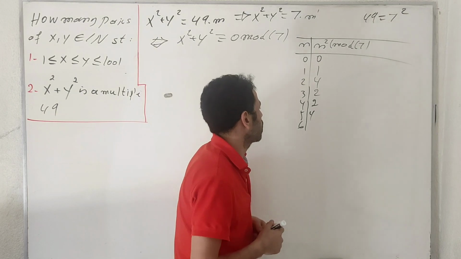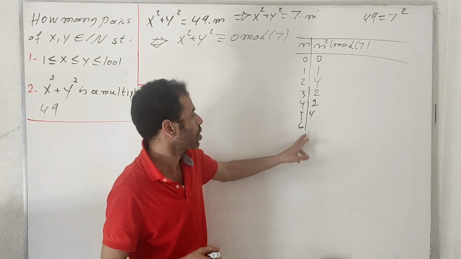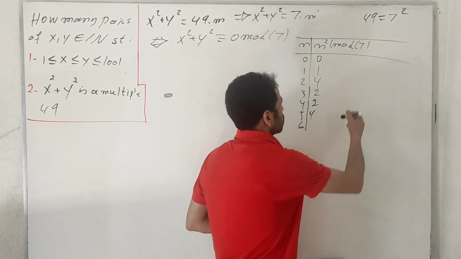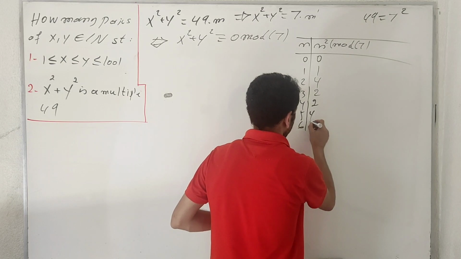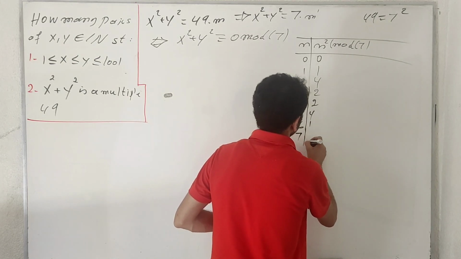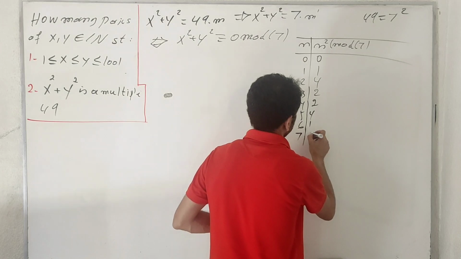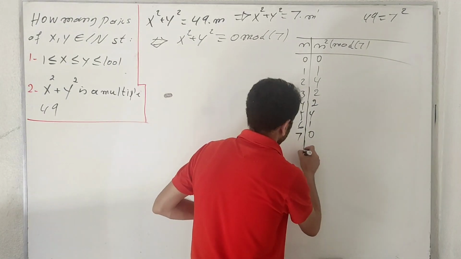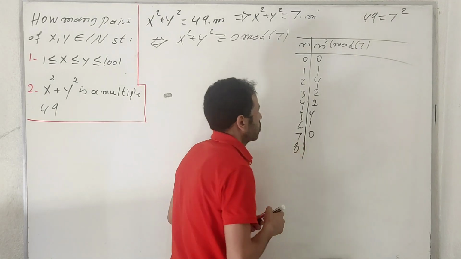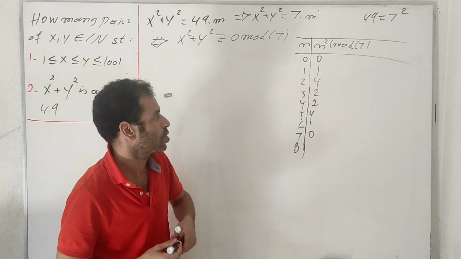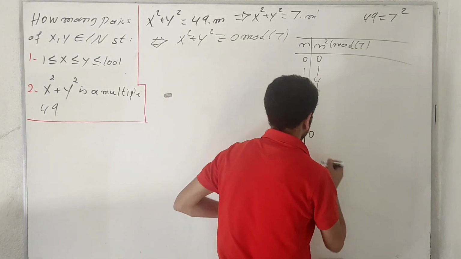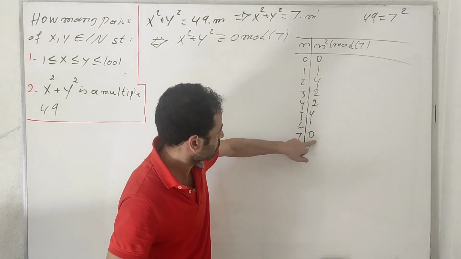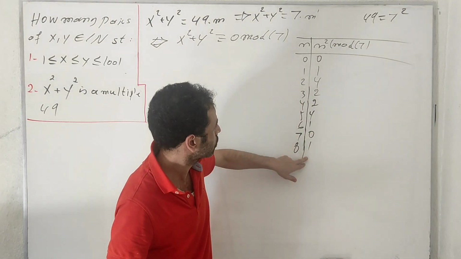For 6 squared, which is 36, 36 is 1 more than 35, which is a multiple of 7, so it is 1. 7 squared is congruent to 0 mod 7, because 7 divides 7. 8 squared is 64, which is 1 more than 63, so it is 1. If you take a look here, with the 0 and 1, it started repeating, so we are going to stop here.